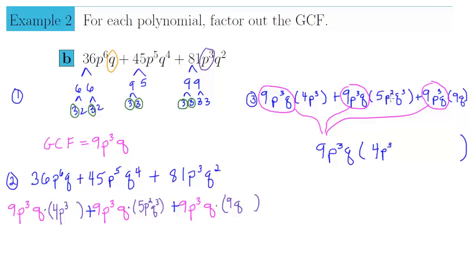You're going to have a 5p squared q cubed left, and a plus from this plus sign. In the second term, and then in the third term, you have a 9q left. So this is the factored form of our polynomial because we've written this polynomial as a product of two other polynomials.